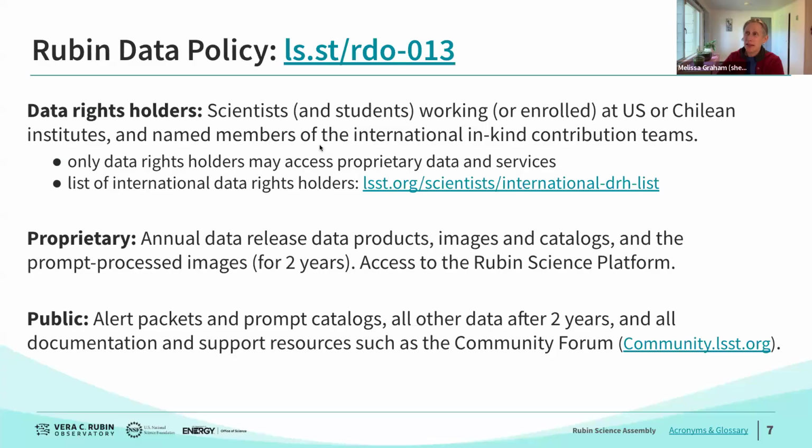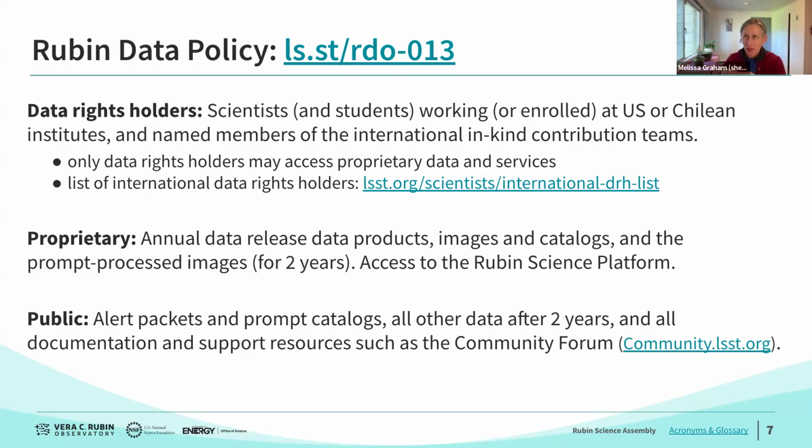Right, Rubin Data Policy. There is a rather large document named RDO-013 that you can access that has the entire policy, but the basics are that Rubin does have a data policy. It does have both proprietary and public data, and data rights holders are the ones who can access the proprietary data.